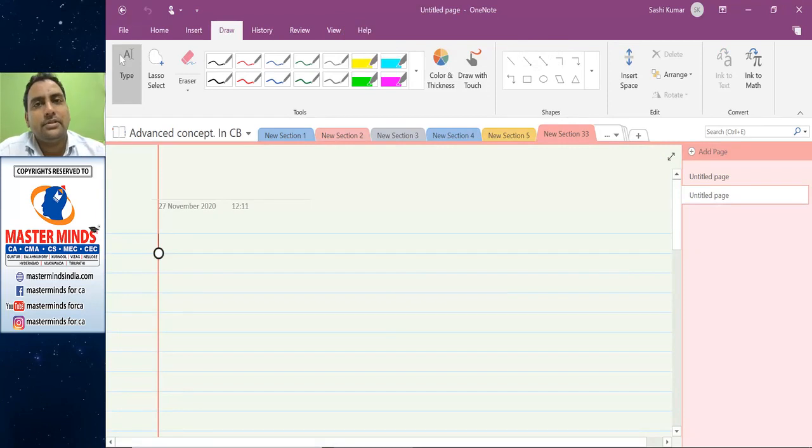So this is how depreciation has to be provided and capital gain has to be computed.